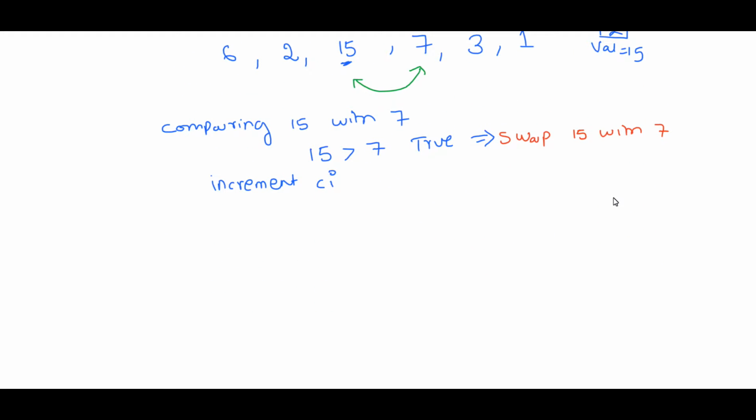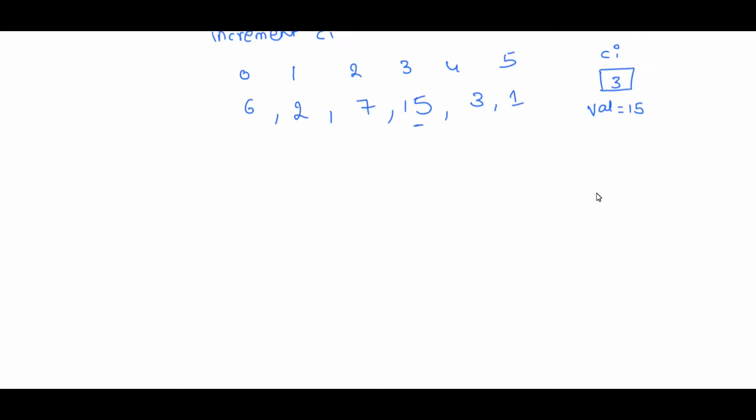So this is what we'll end up with now: 0, 1, 2, 3, 4, and 5, which would have 6, 2, and this time 7 moves to 15, swapping 15 with 7, which would be 7, 15, 3, and 1. Our CI, which is incremented, would be pointing at this point to position 3, which has a value of 15. All right, repeating the process now again.